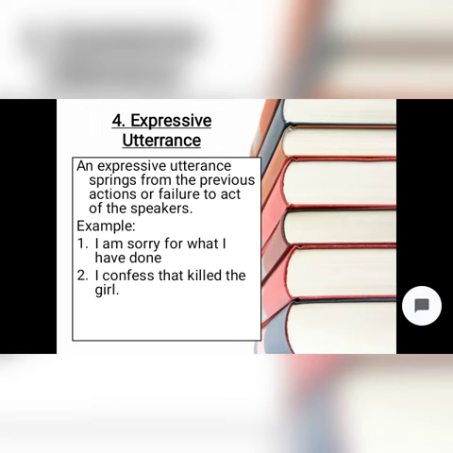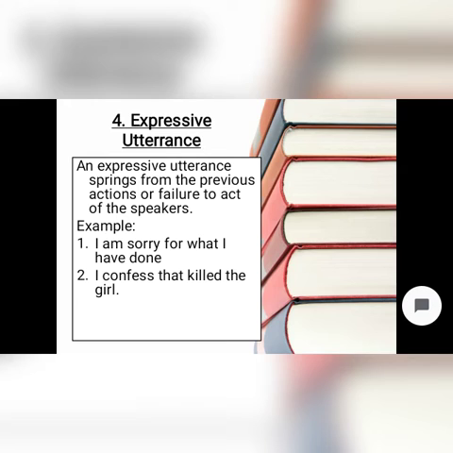So next, expressive utterance. An expressive utterance comes from the previous actions or failure to act of the speakers. In other words, expressive utterances occur when the speakers tell of their own past deeds and present feelings.